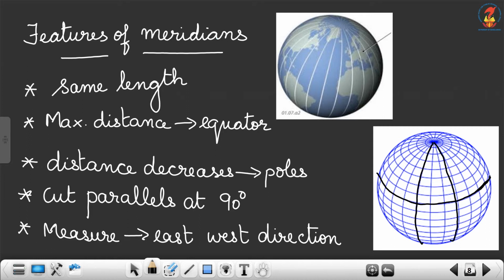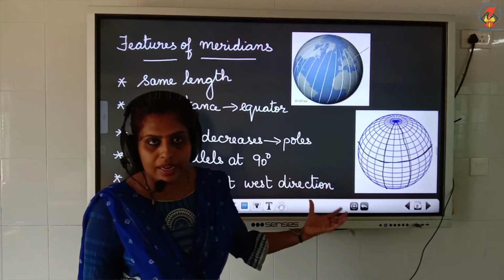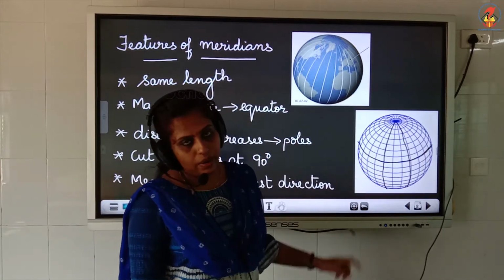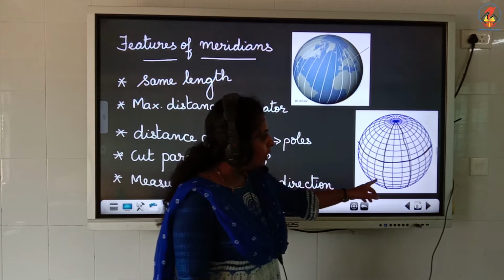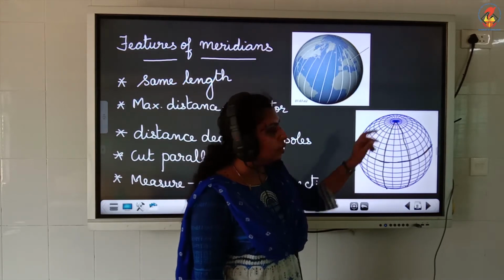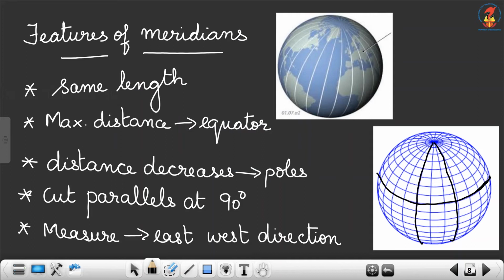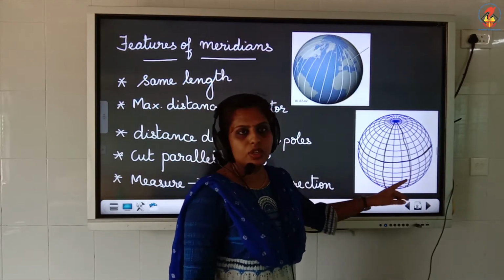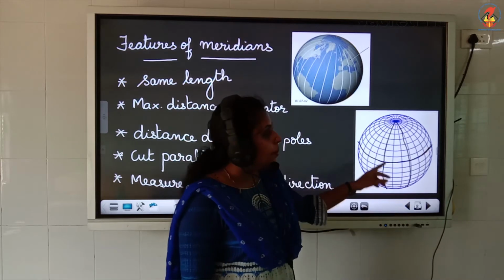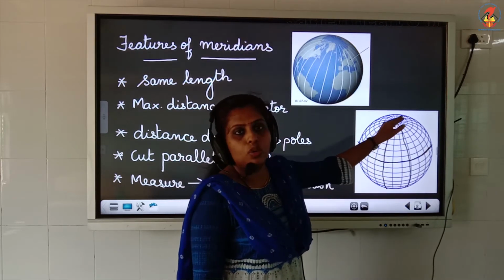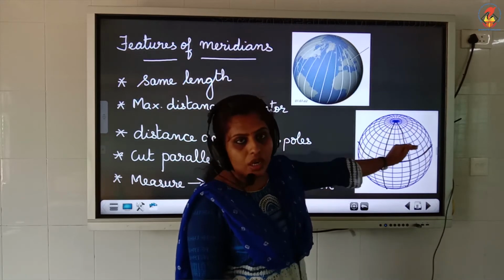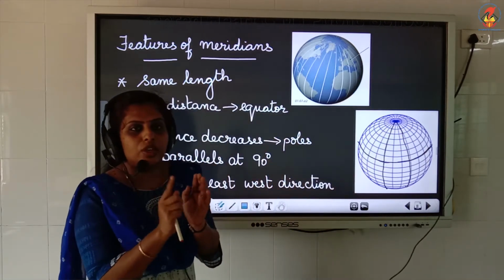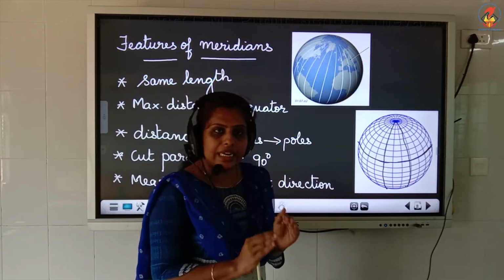There will be maximum distance between the meridians when they are at the equator. But what happens when they move to the poles? What happens when they move to the poles? The distance between the meridians decreases. I repeat it once more. When they are at the equator, there will be maximum distance between any two meridians. But when they move away from the equator towards the poles, what happens? The distance between the meridians decreases then.